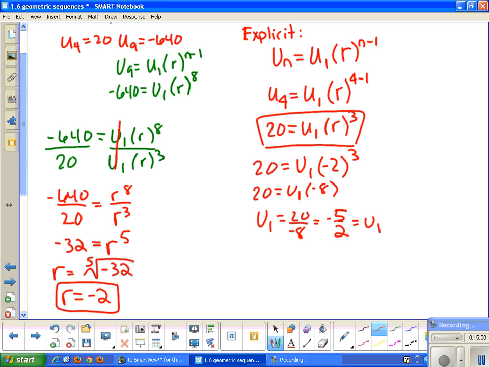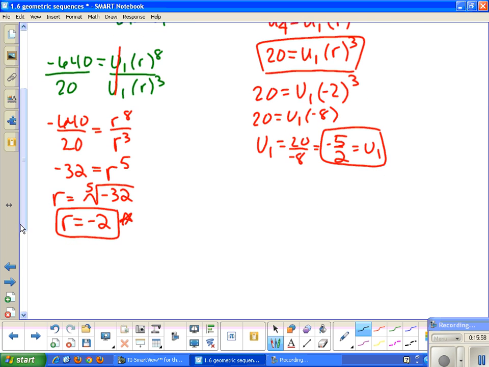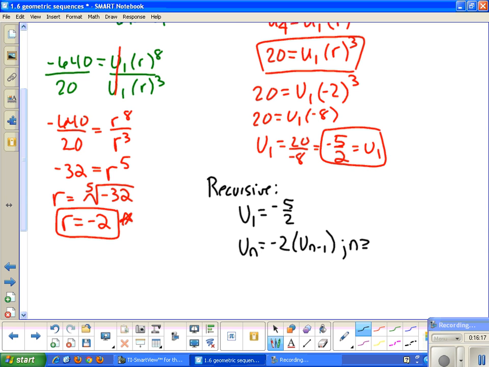So I have my first term and my common ratio, so now I can write my two formulas. My recursive formula would be: my first term is -5/2, and the formula for the nth term is equal to my common ratio, -2, times my previous term, for values of n greater than or equal to 2.